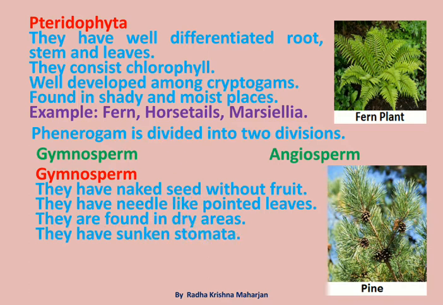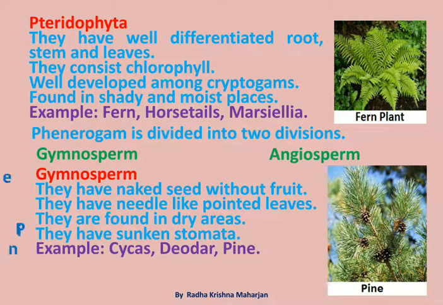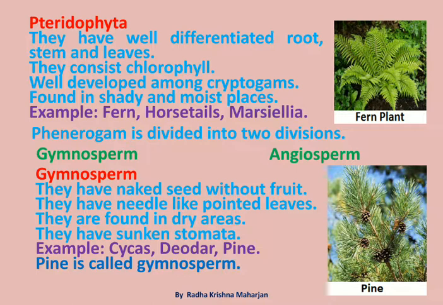They have sunken stomata. Example: cycas, deodar, pine. Pine is called gymnosperm because they have naked seed.